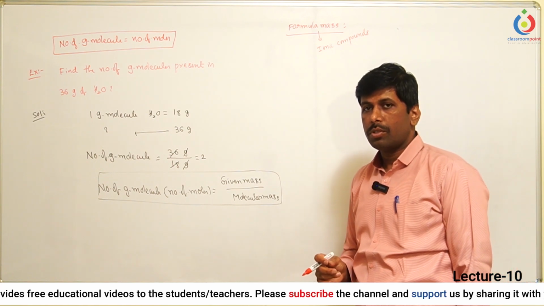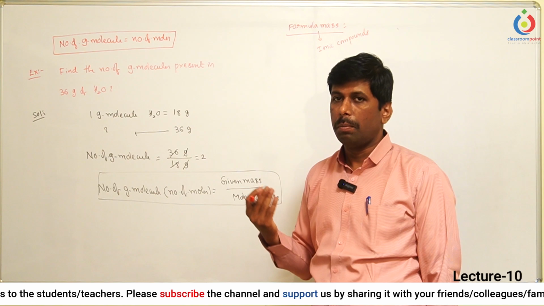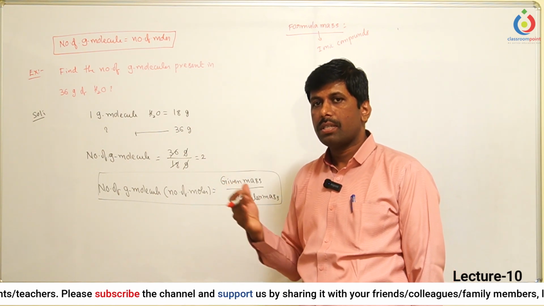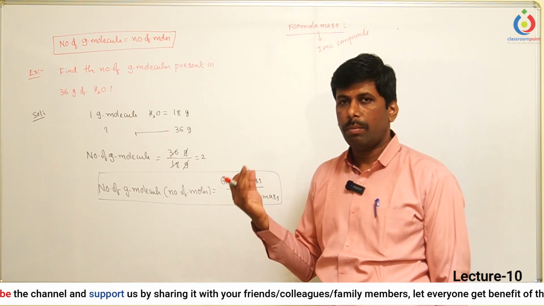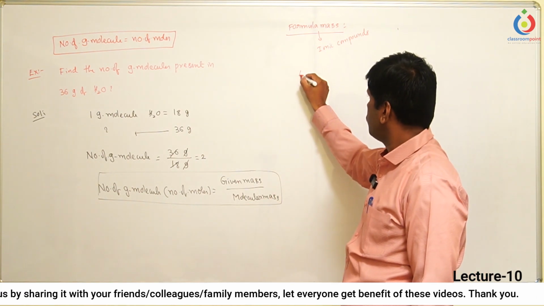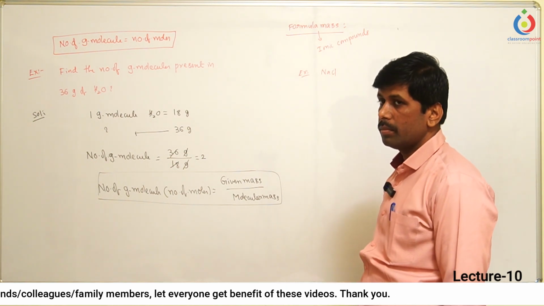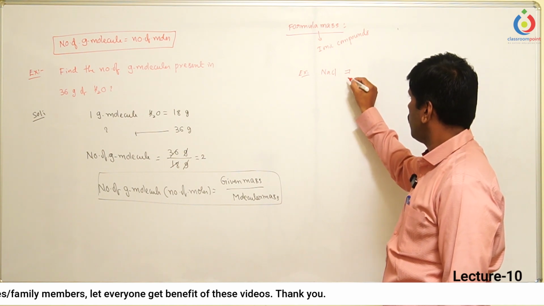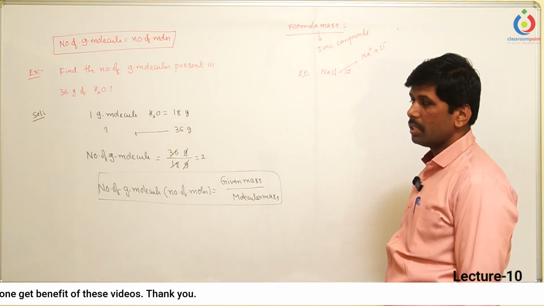Usually ionic compounds do not involve the formation of molecular bonds, so they are called formulas. So for them the mass is called the formula mass. But now and then we consider the formula mass as the molecular mass also. For example, let us take NaCl, sodium chloride, which exists as Na+ and Cl- ions.